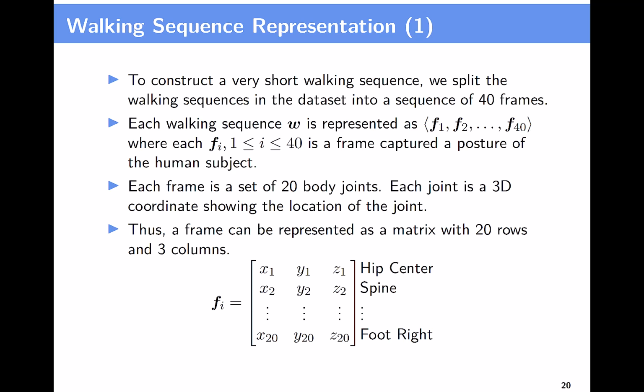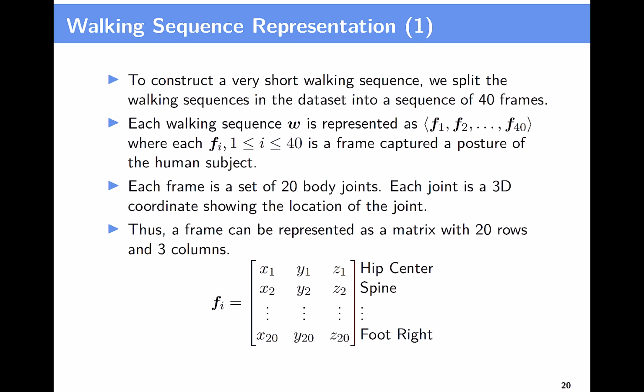In order to achieve models that handle very short walking sequences, we need to provide a way to represent a walking sequence. Here, we create a data set composed of very short walking sequences where each sequence is composed of 40 frames. Therefore, each walking sequence is represented by a sequence of frames f_i, where i starts from 1 to 40. Each frame should capture a posture of the human subject.